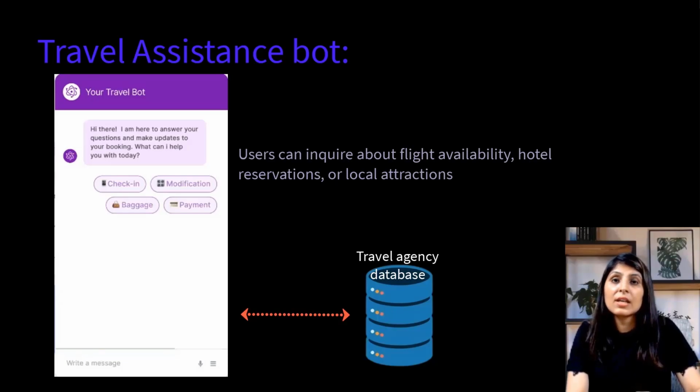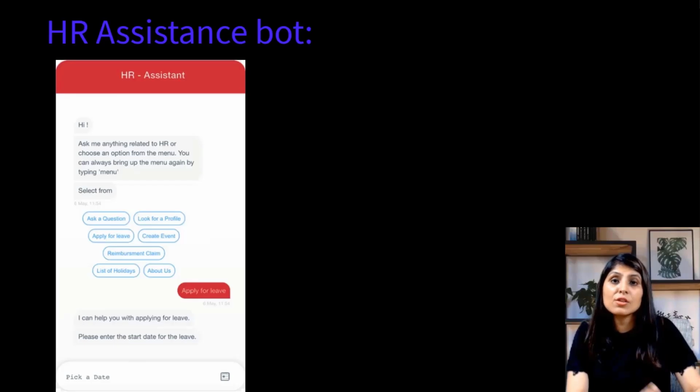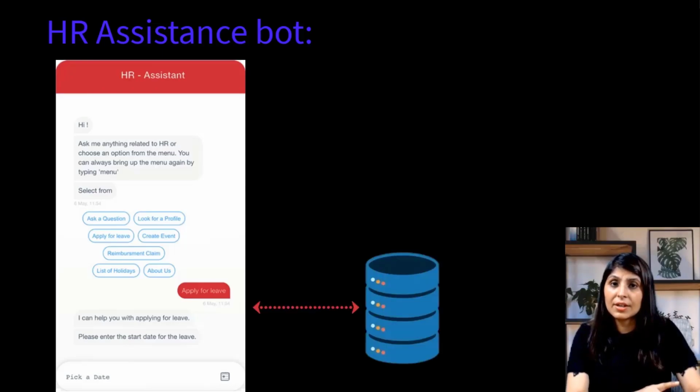And then another example is an HR assistance bot. Imagine an organization uses a chatbot to handle HR related queries from employees. In this chatbot, employees might ask about company policies, leave balances, or upcoming training sessions, right? This chatbot is connected to the company's HR database.